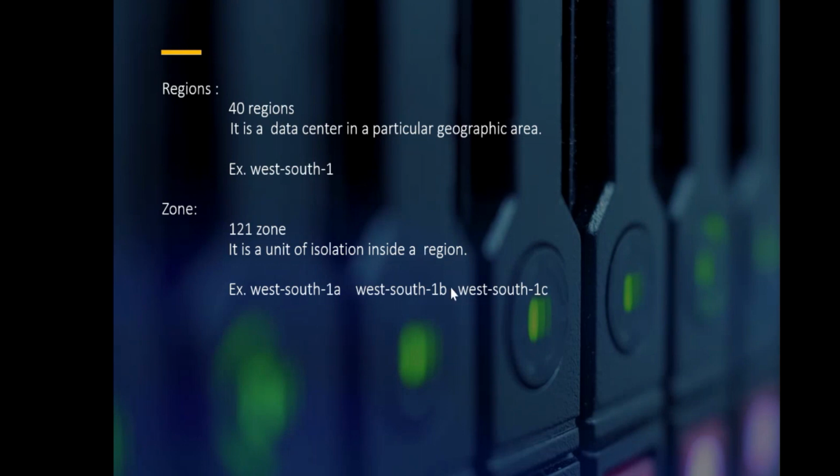But in some specific countries, they have for one region 5 zones, A, B, C, D, E. That is very specific to that particular country. A few countries have it, especially on the European Union side, right? But the standard is that for one region, there should be three different zones.